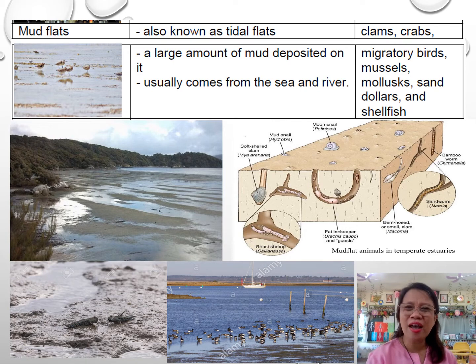Now, what are the animals or the living organisms nga atong makita sa mud flats? We have clams, bivalve, pwede ang univalve, crabs, migratory birds, mussels, mollusks, sand dollars, and shellfish. Okay na, makita ninyo sa illustration. Example na sa mga sand flats. Mud flats.